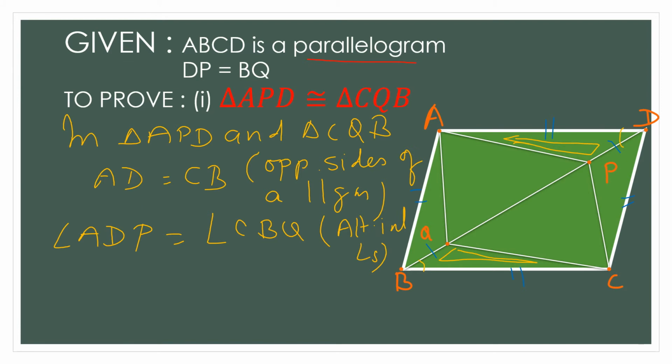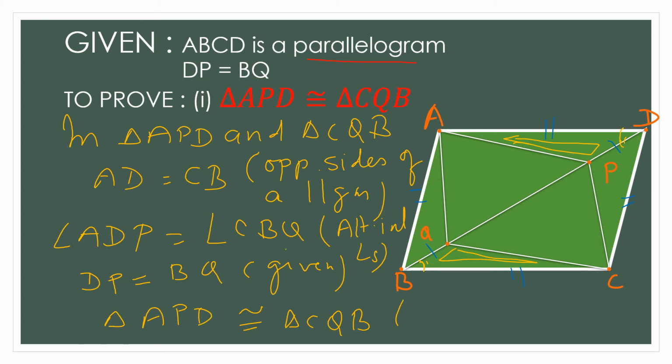Since these two lines are parallel, AD is parallel to BC, we can write down these are alternate interior angles. And the third thing, DP is equal to BQ, which is already given. Hence, our first part is proved. Triangle APD is congruent to triangle CQB.